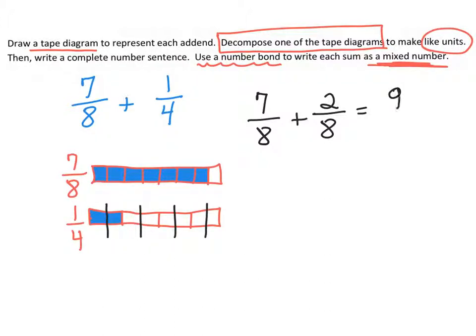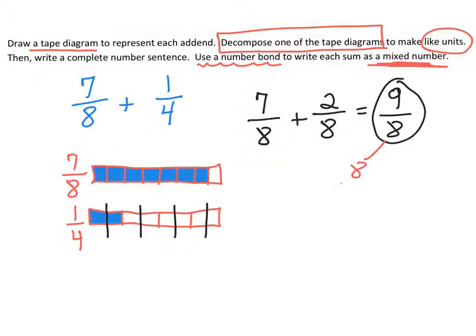Now we have 9/8. So now we have a fraction greater than 1, which we also can call an improper fraction. And now what we need to do is take this 9/8 and make it into a number bond, because that was the next part of this problem. Use a number bond to get it into a mixed number. And we have been doing this all along. So now let's take 9/8 and take a whole from that.